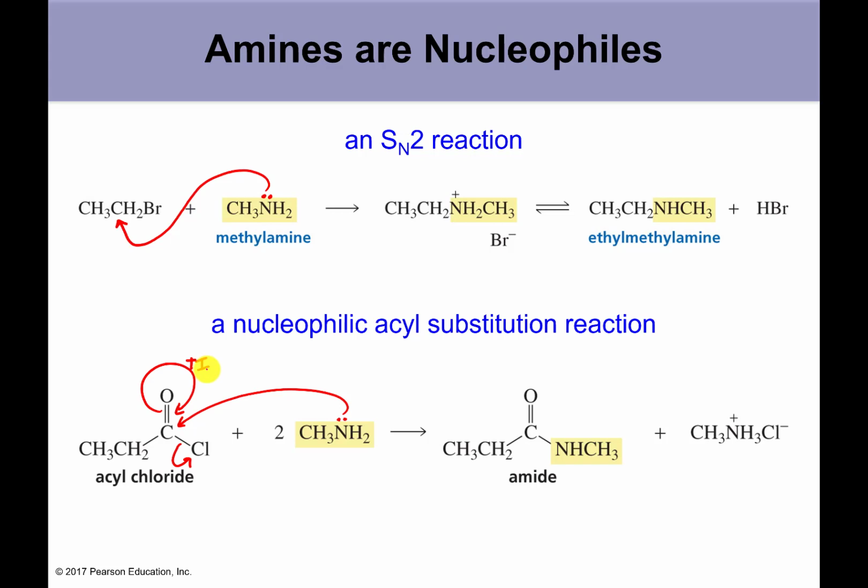Again, you end up with the protonated ammonium ion at the end, and so the second equivalent of amine is used for neutralizing the proton off the product to give you your product here. So one of the two equivalents of methylamine is used as a base, and it forms a salt with the halogen that leaves from the acyl chloride or acyl bromide.